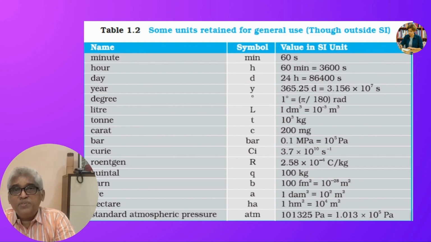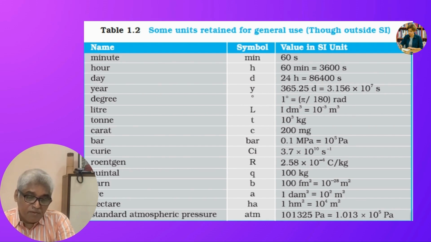For example, if somebody asks you what is your age, then you may say 16 years or 17 years, like that. And if you convert that into seconds, then you will get such a huge number, say 5.3 into 10 raised to 8 seconds, or 53 crores 61 lakh and 12,000 seconds.